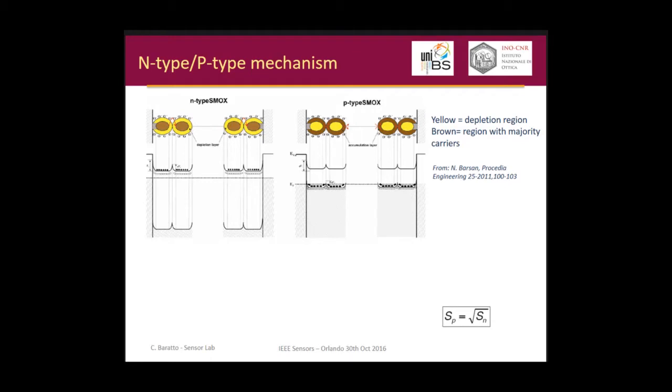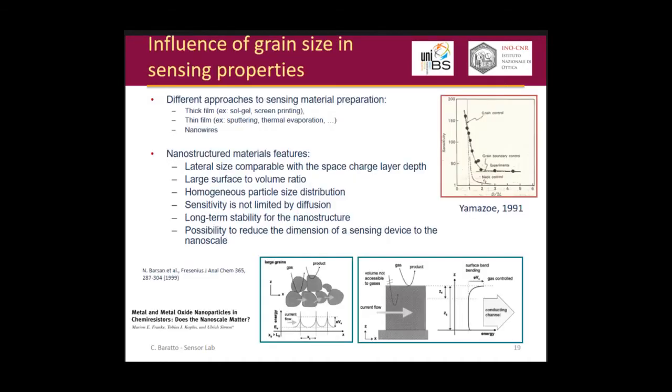The problem with P-type material, which is very interesting, is that it has been demonstrated, for example in one of the publications, that the sensor response of P-type material is intrinsically the square root of the sensor response of N-type material. So basically P-type materials have a lower response with respect to N-type materials.